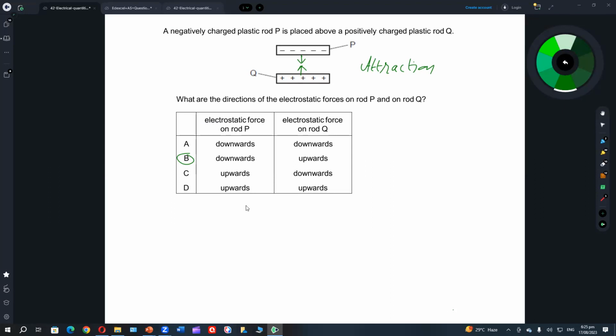You can type it because listening C or D, B or D is giving me a confusion. So if you can write down the answer on the chat. A negatively charged plastic rod P is placed above a positively charged plastic rod Q. So what are the directions of the electrostatic forces on rod P and on rod Q?